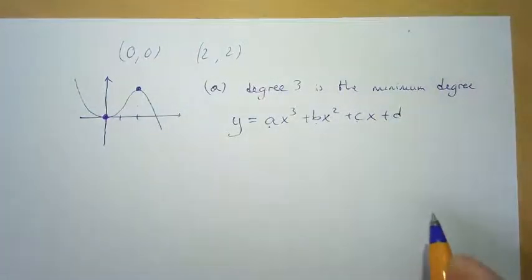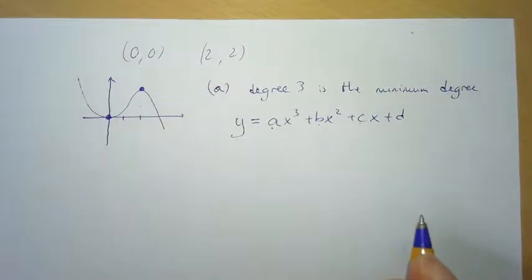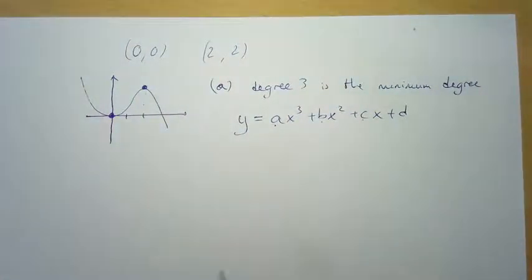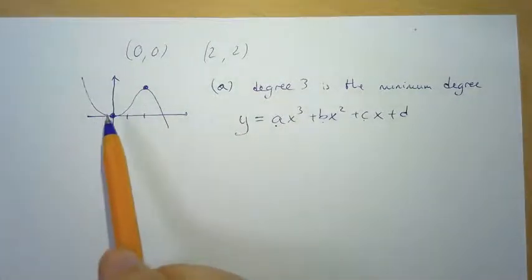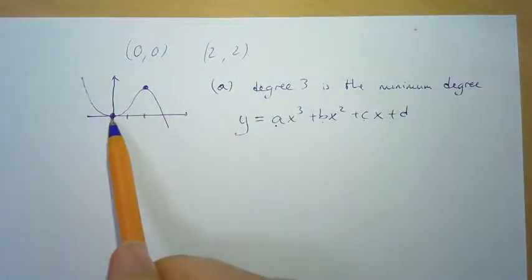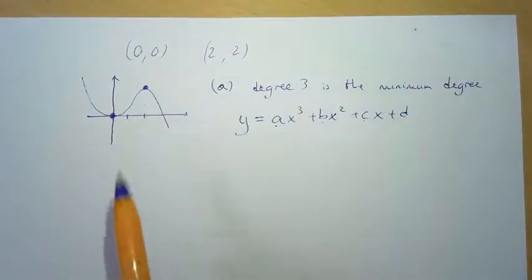So we will need 4 equations in order to solve this problem. The 4 equations are 1 for this point, 1 for this point, 1 for this slope, and 1 for that slope.